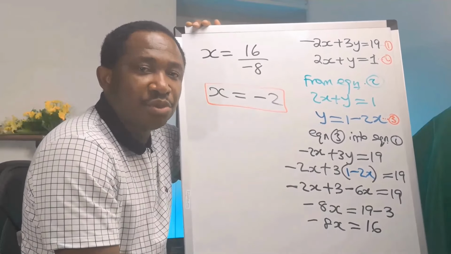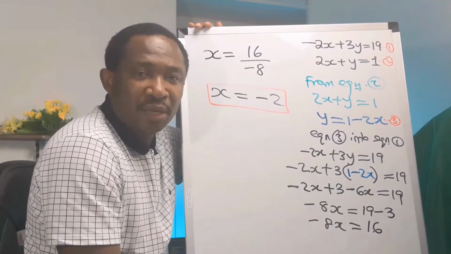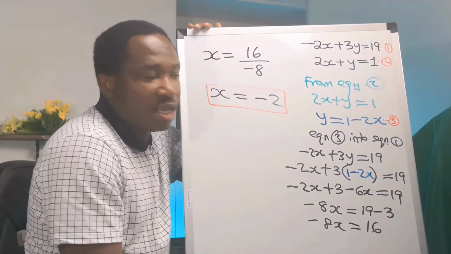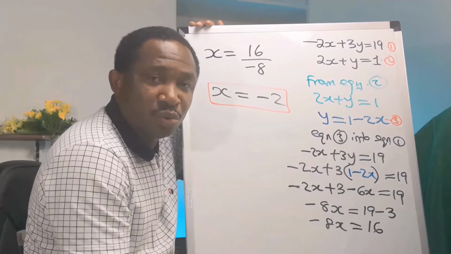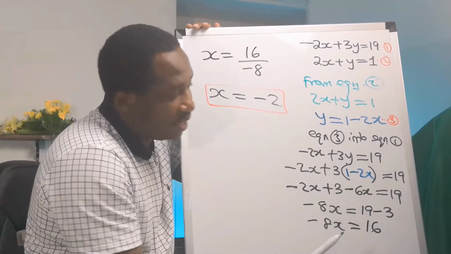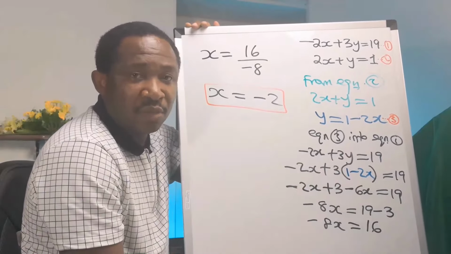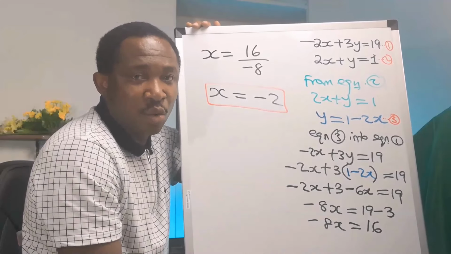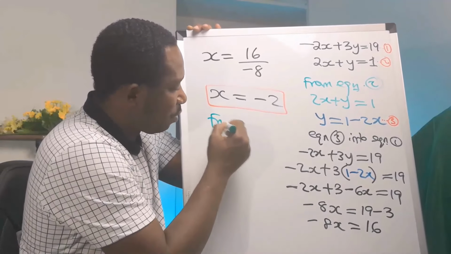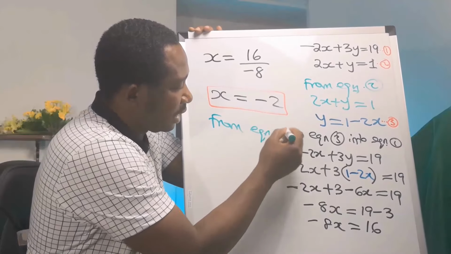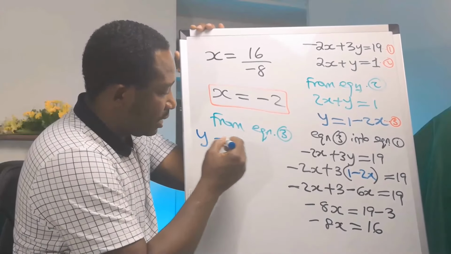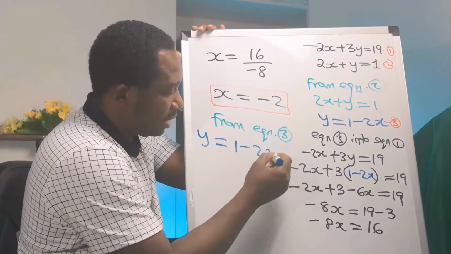We're going to substitute x equal to minus 2 into equation 1 or 2 or 3. However, if you look at equation 3, it's already positioned for us to actually obtain y. Hence, from equation 3, you can see that y is equal to 1 minus 2x.